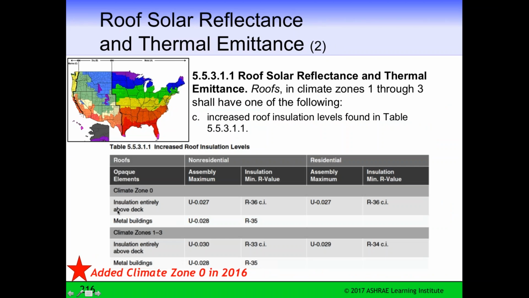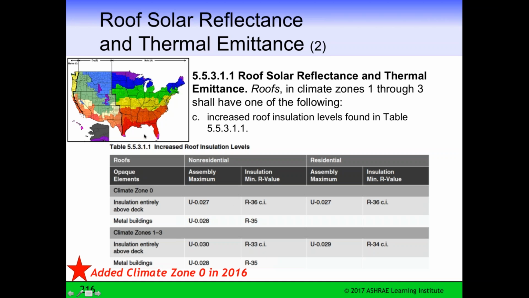So if you're in climate zone 0, you must go with an insulation R value above R36, and that's compared to R20 or R25. In climate zone 1, it was R20, you must go to R33. So if you're not using white roofs in these 3 climate zones, you have to use substantially greater levels of insulation in the roof. It's the basic message here.